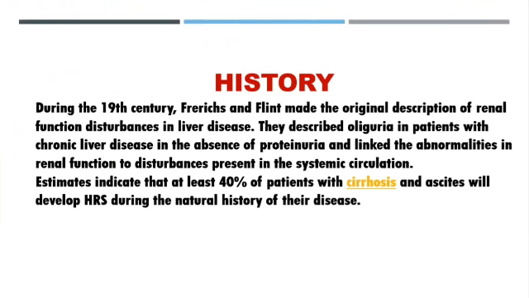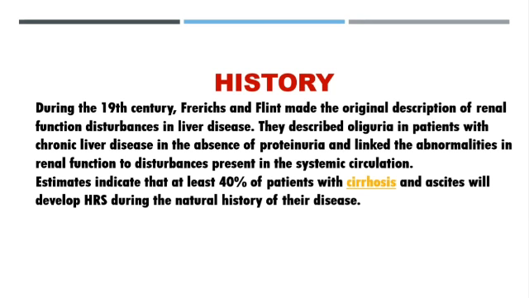The history of hepatorenal syndrome. During the 19th century, Frerichs and Flint made the original description of renal functional disturbance in liver disease. They described oliguria in patients with chronic liver disease in the absence of proteinuria and linked the abnormalities in renal function to disturbance present in the systemic circulation.